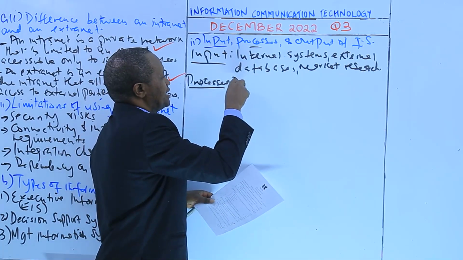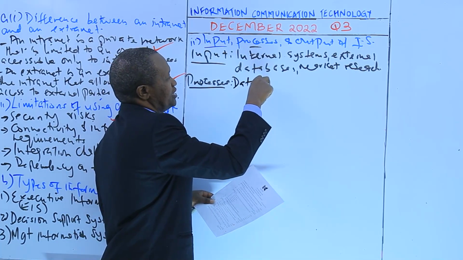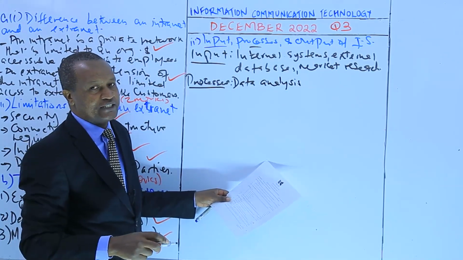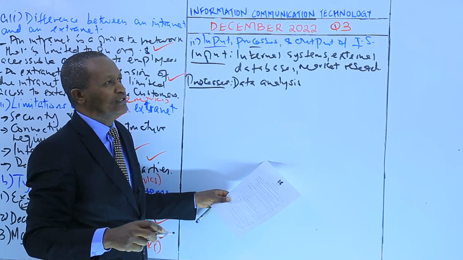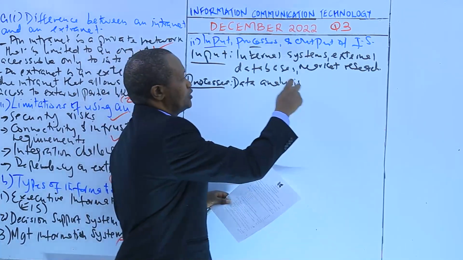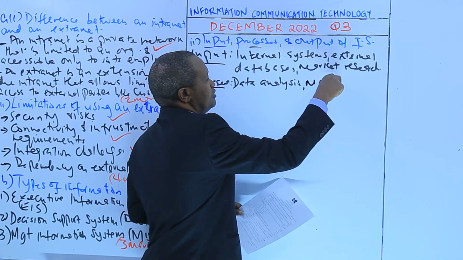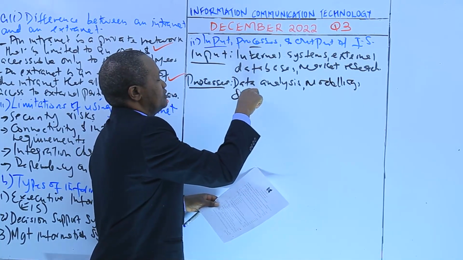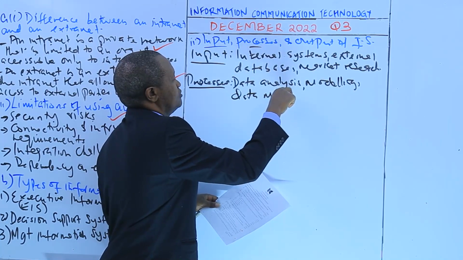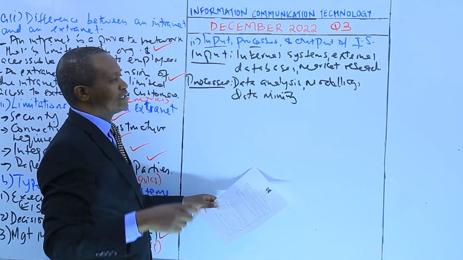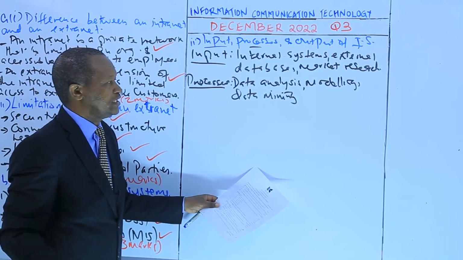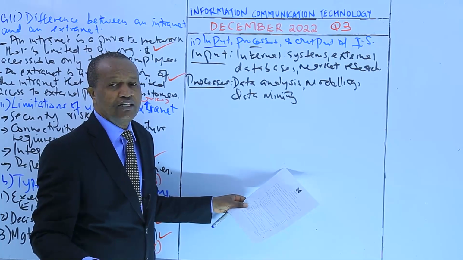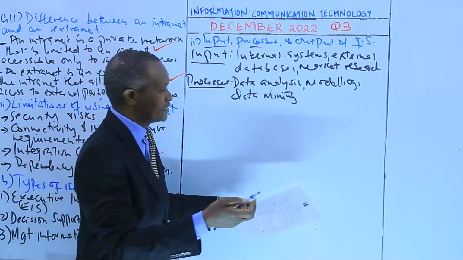Data analysis is one of the processes. There could also be modeling. This information can be modeled. Data mining. So these are processes: data analysis, modeling, data mining, forecasting, decision making.